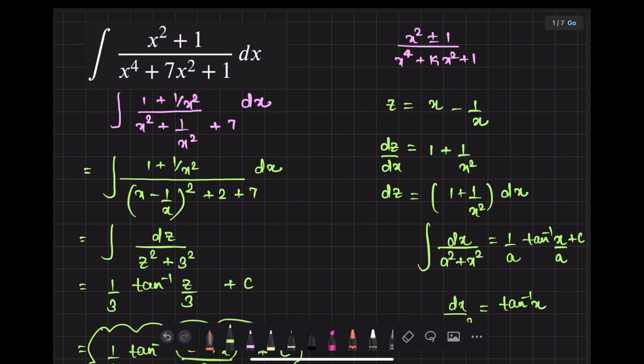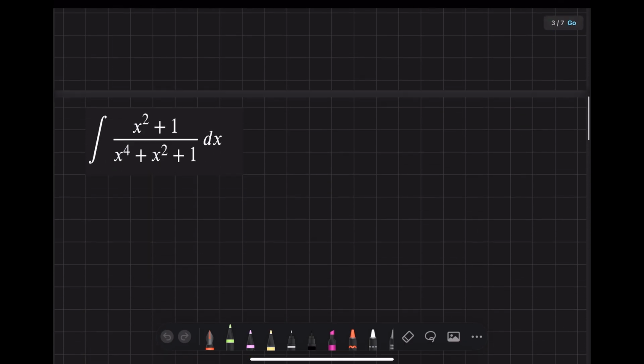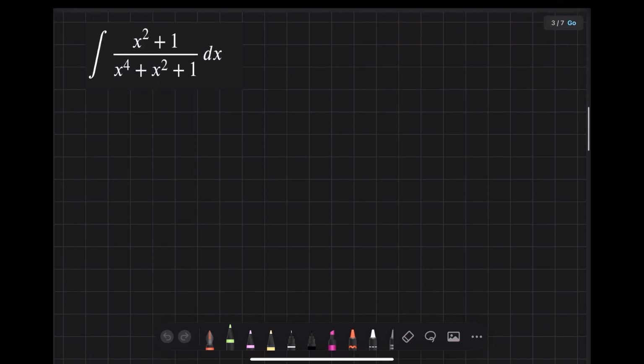Okay, we have a similar question to this one. Look at this. You know that while dealing with these kinds of questions, we should have x square plus or minus 1 upon x power 4 plus kx square plus 1, then only we can integrate, correct? And we have this thing over here.